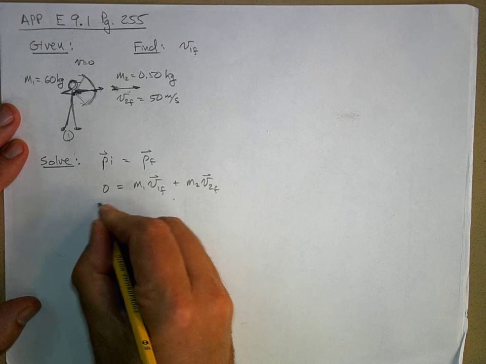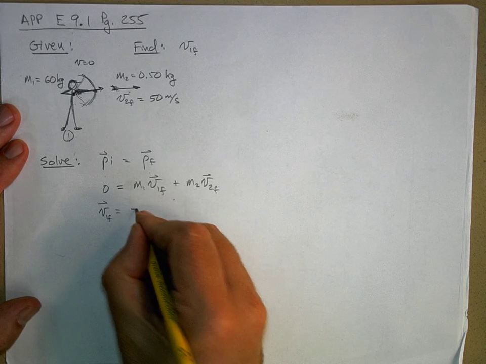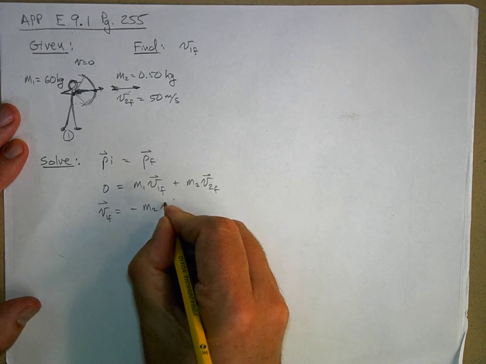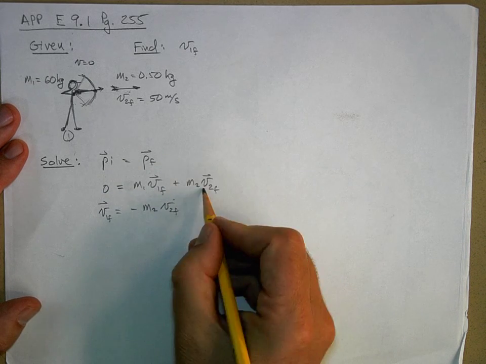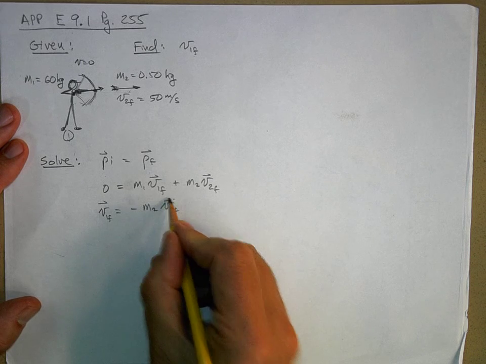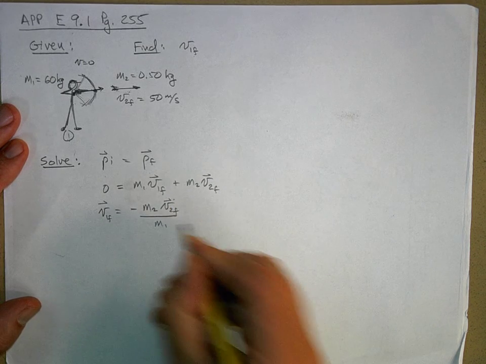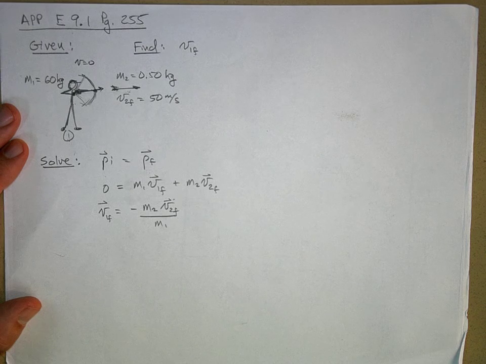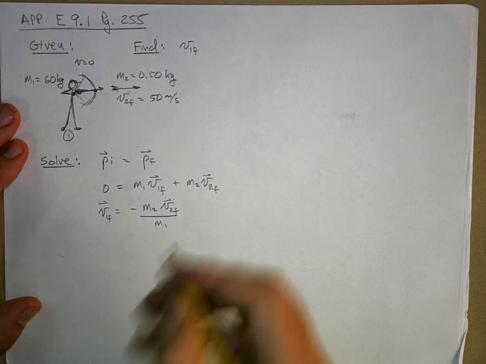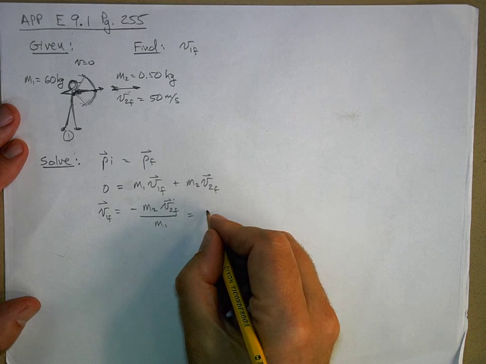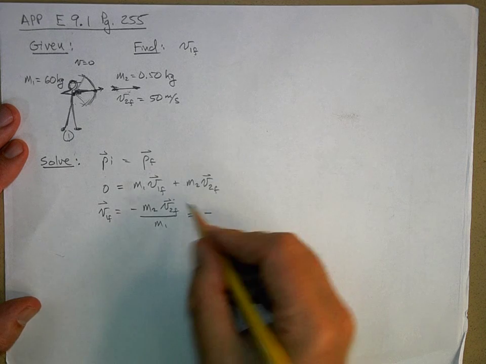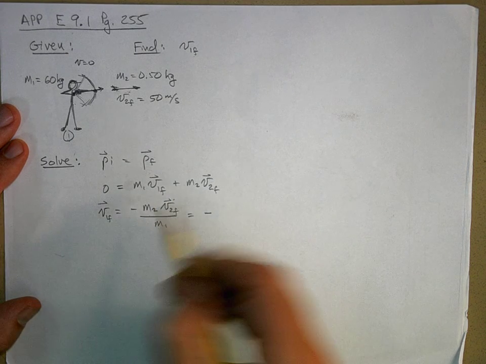V1 final is equal to negative M2 V2 final, divided by M1. Now I can plug in my values. Negative, what is M2?